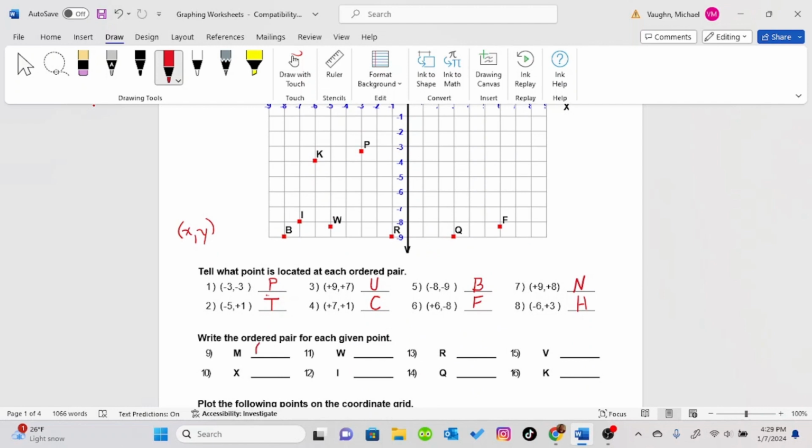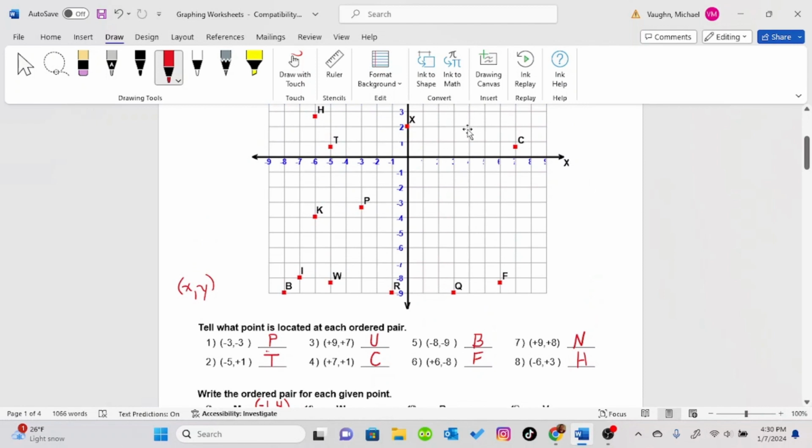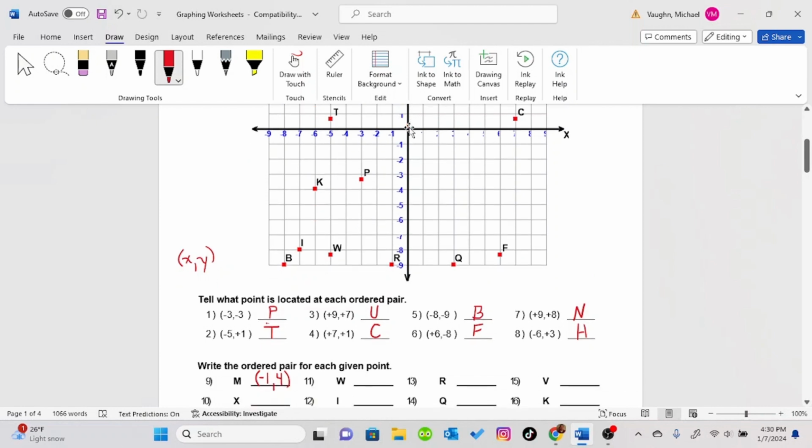So when we write it, we write -1, 4. Number 10 is point X. We can see that that is right in the middle at x equals 0 and up at y equals 2. So when we write the point, we write 0, 2.